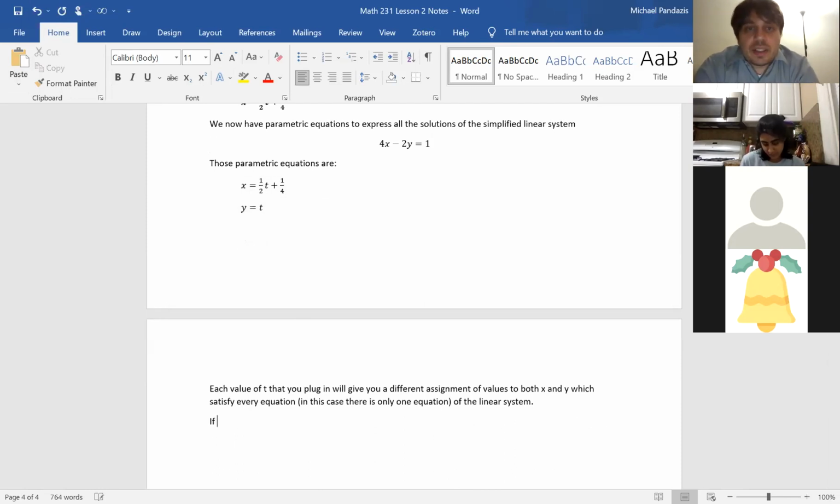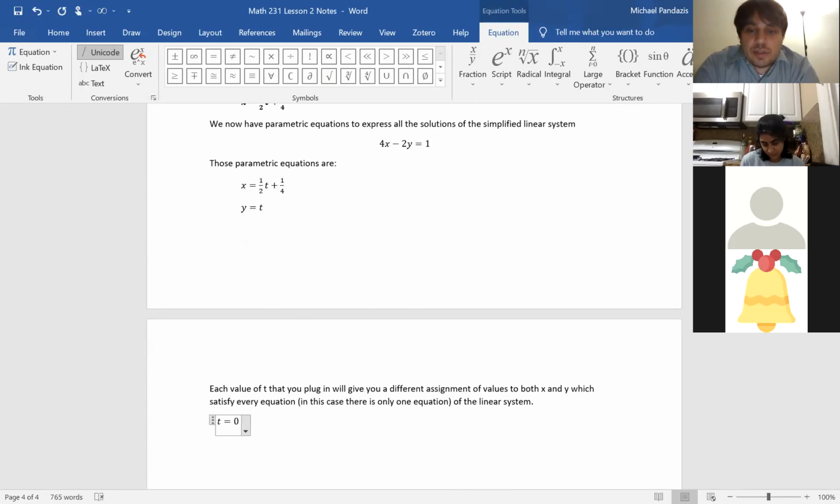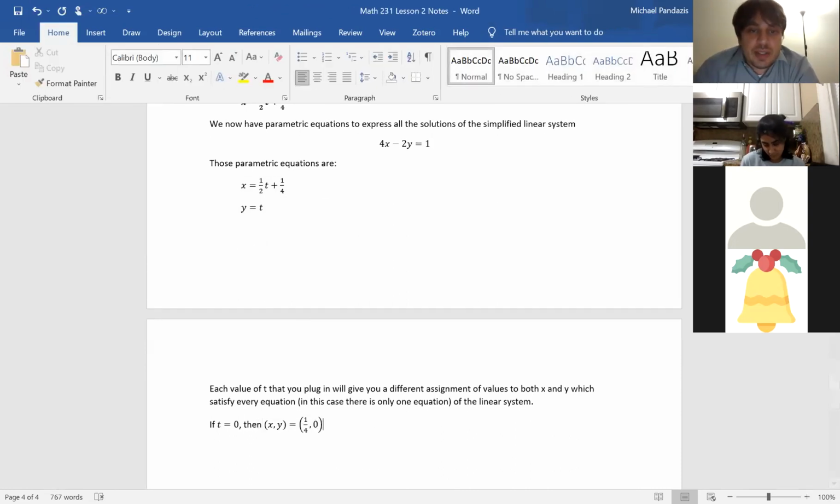Okay, if t is equal to 0, then x comma y is equal to, well, x is equal to 1/4, and then y is equal to 0. And that is a solution to the linear system.